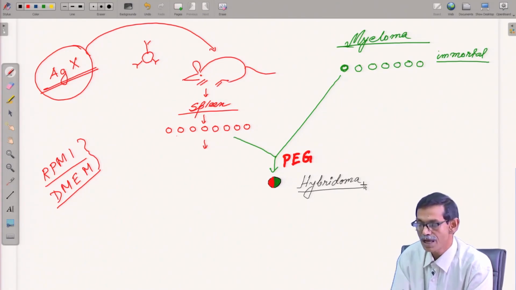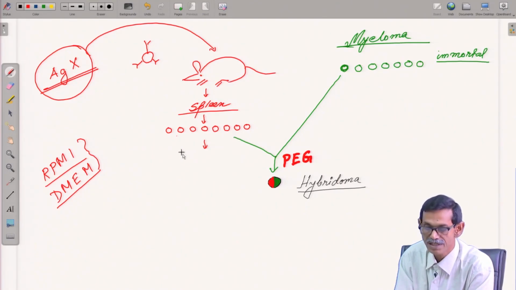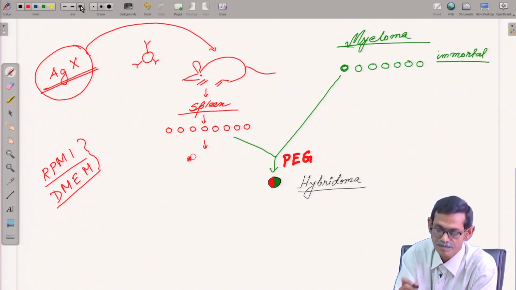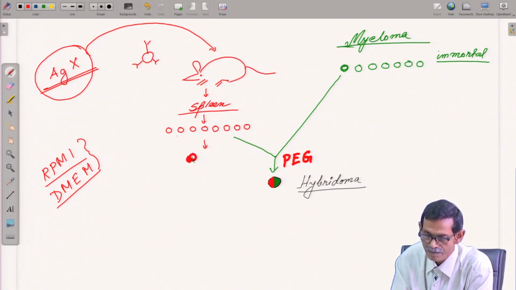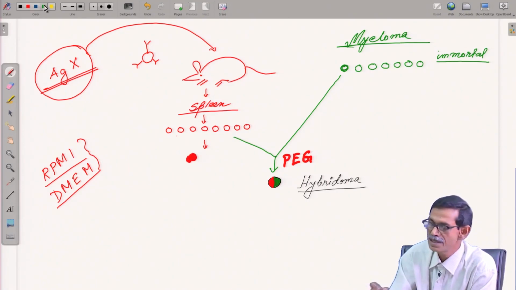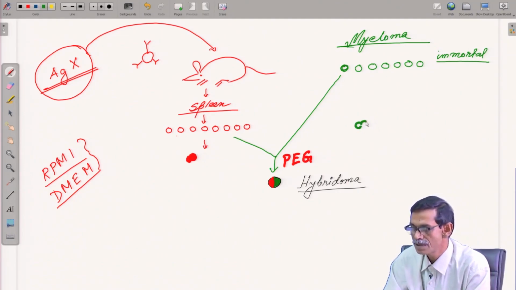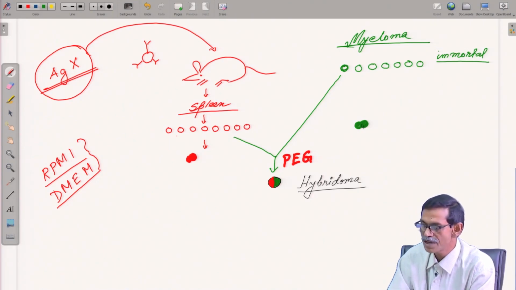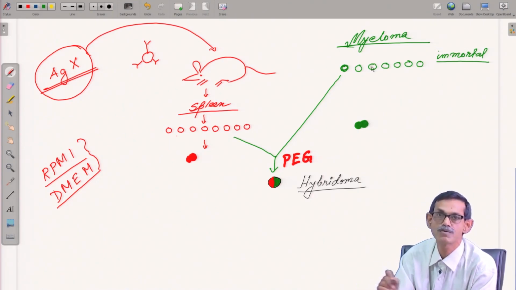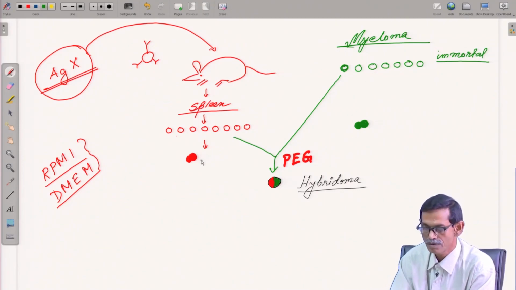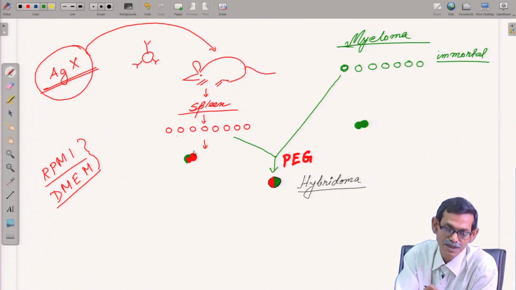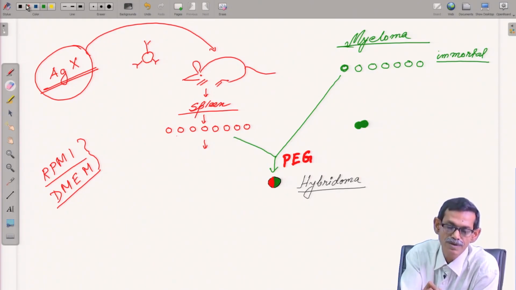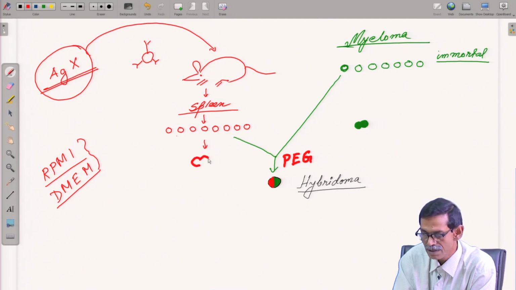But now what will happen if you give PEG, both red cells will also fuse, right, many B cells will also fuse, and similarly the green cell to myeloma cell will also fuse, because PEG will not selectively fuse only one green and one red. So, they will make both fusions, many B cells will be fused and make B cell fusion.